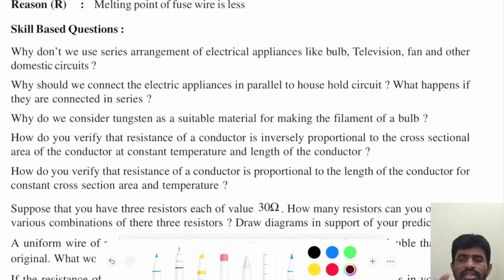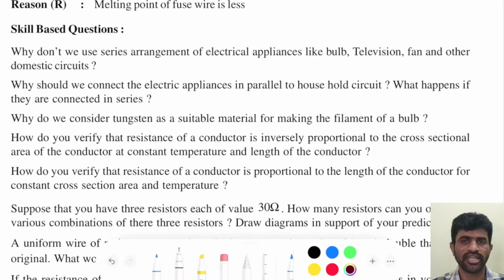We cannot use them individually. If you switch off one device, all the remaining devices will be switched off. If you switch on one device, all the remaining devices will be switched on. So in that way we cannot use it. All the electrical appliances should be connected in parallel, not in series.